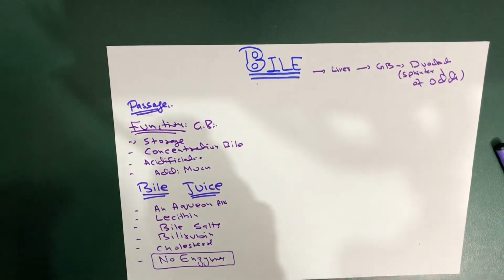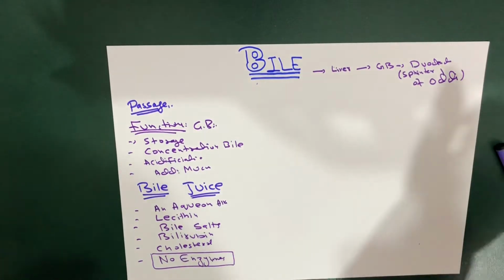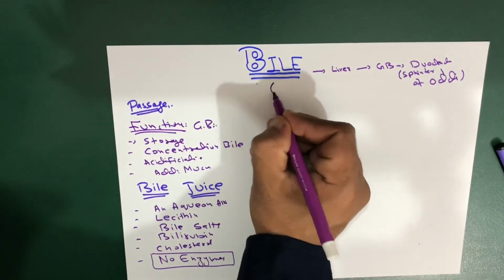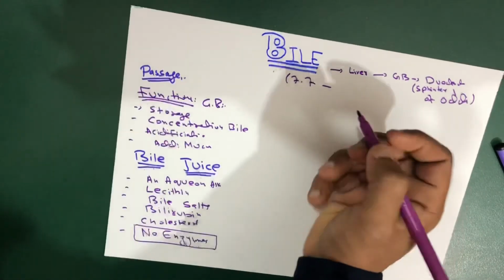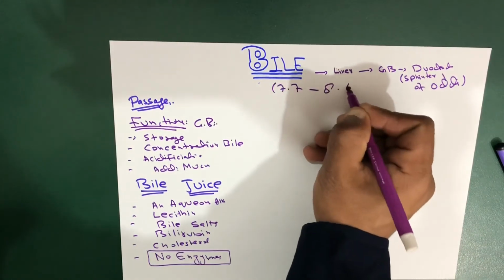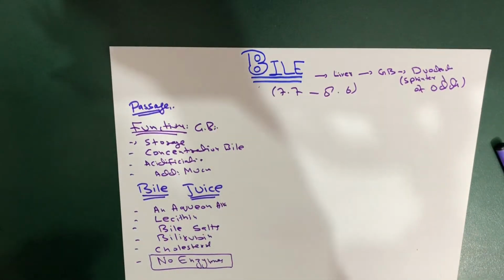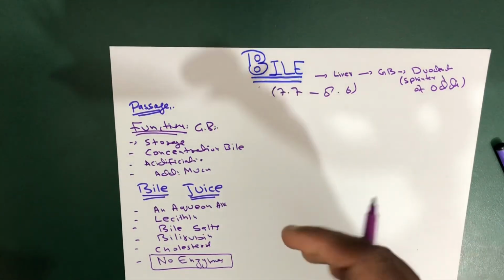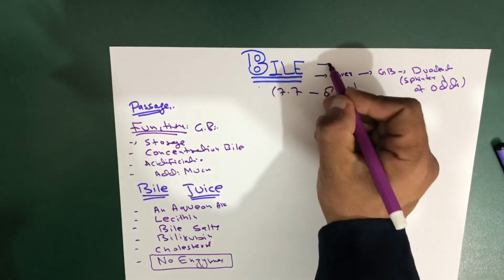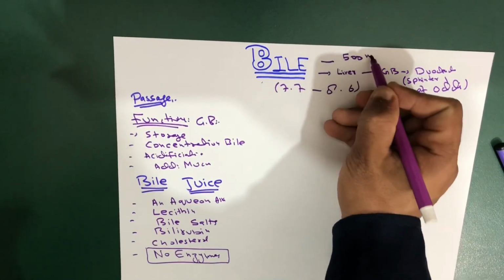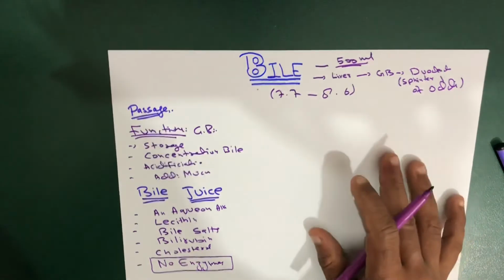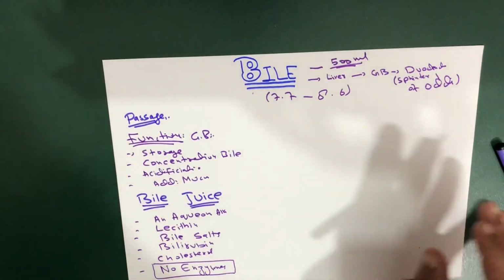Further, the pH of your bile is between 7.7 and 8.6, and it is alkaline in nature. Its daily secretion is about 500 ml. Now let's talk about the bile salts.